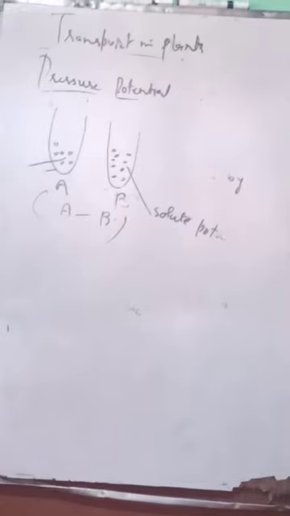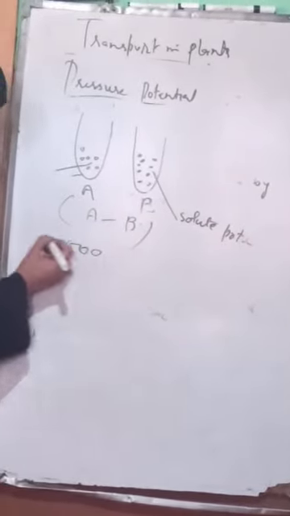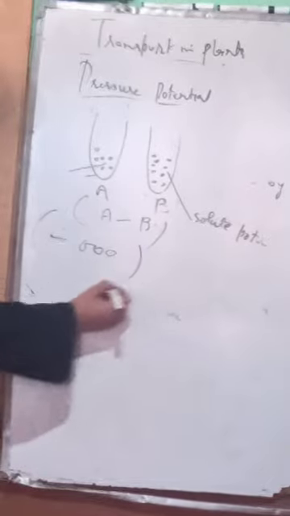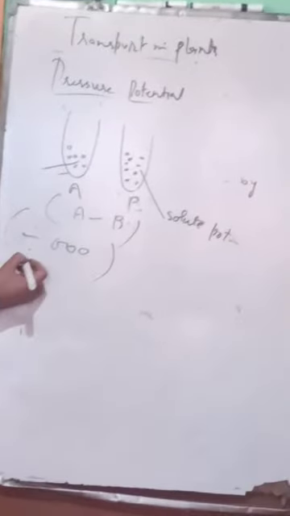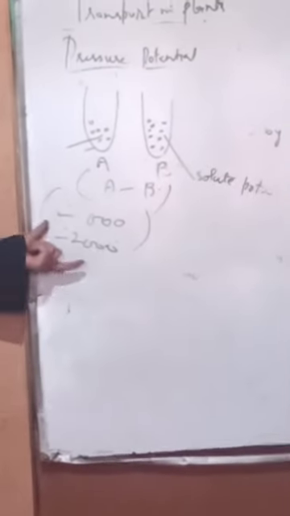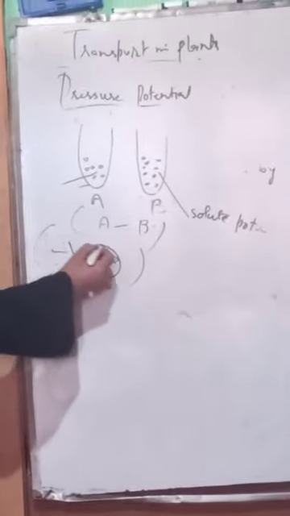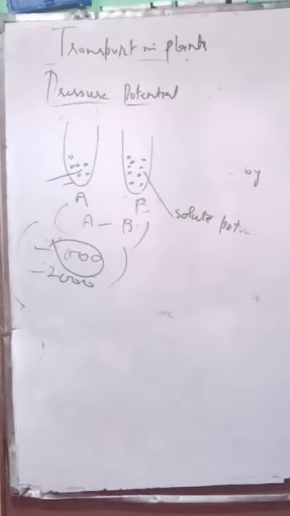For example, if one medium has 1000 water potential and another has minus 2000 water potential, which will be more? In case of negative, this will have more water potential.